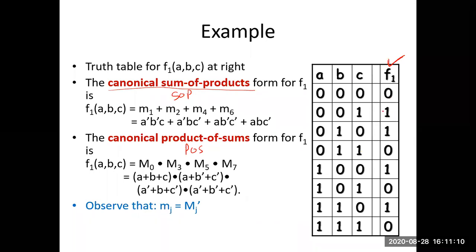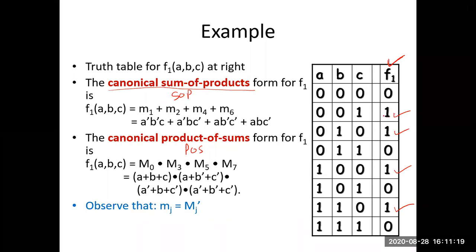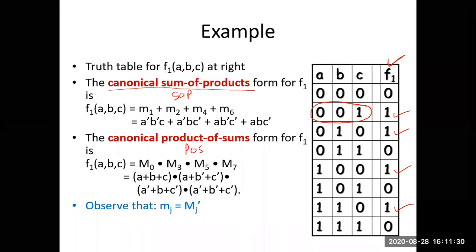By seeing this table, I can identify that these four are the locations of one. After finding out the location of one, you need to find its equivalent combination of a, b, and c, because a, b, c are your three variables. Your function is basically a combination of a, b, and c.